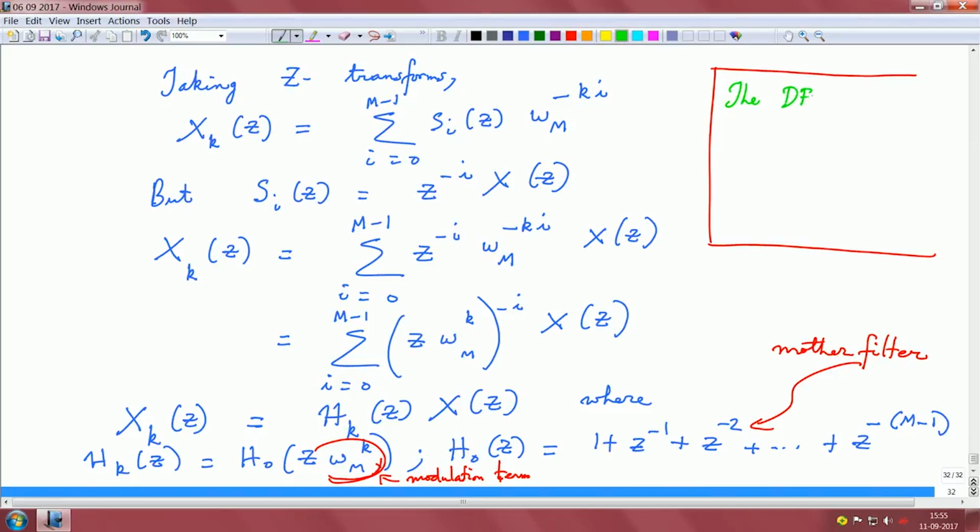The DFT system is like a filter bank with analysis filters H k of Z. Right, this is my analysis filter, and I stack all these analysis filters and I get my analysis bank.